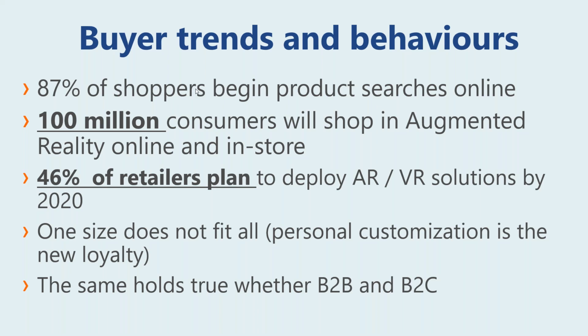It's no different. 100 million consumers will shop using augmented reality, whether that's online or in store. So that is an emerging trend. 46% of retailers are looking to deploy AR, VR solutions by 2020. And thanks to SOLIDWORKS Sell, we're helping a lot of people do that.